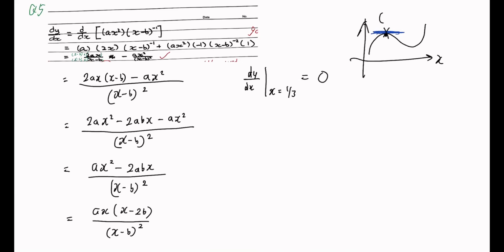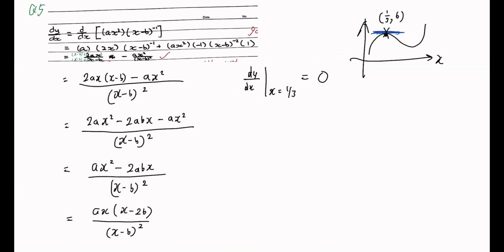Then you label the coordinates of the point 1/3, 6, not drawn to scale. This will help to remind you to substitute x equal to 1/3. You will get the gradient of the tangent line, and since it's horizontal, it's 0.